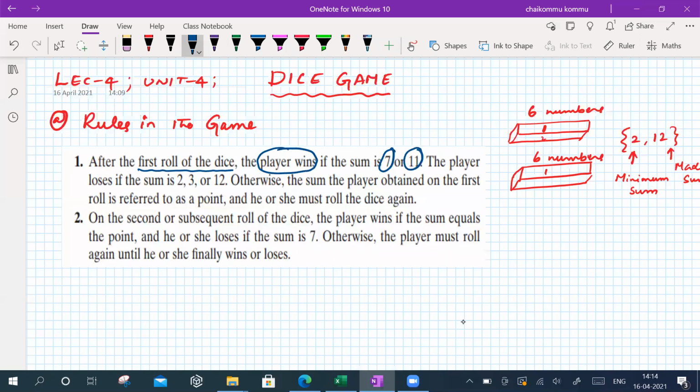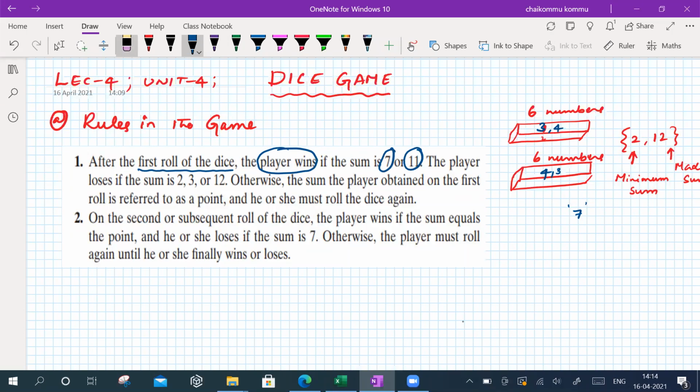As soon as you take the dice and roll it once, if you find that the sum is 7, what does it mean? For example, this is a 3 and this is a 4, so the sum here is 7. If you find 7, automatically you will win. It may also be 5 and 2, it doesn't matter. Ultimately the sum should be 7.